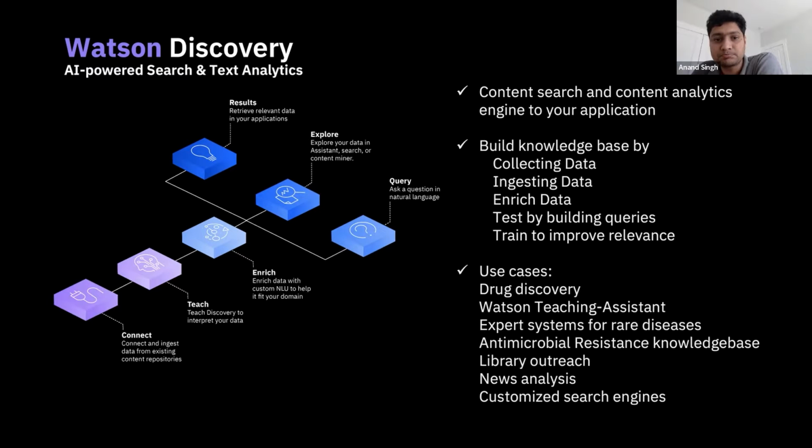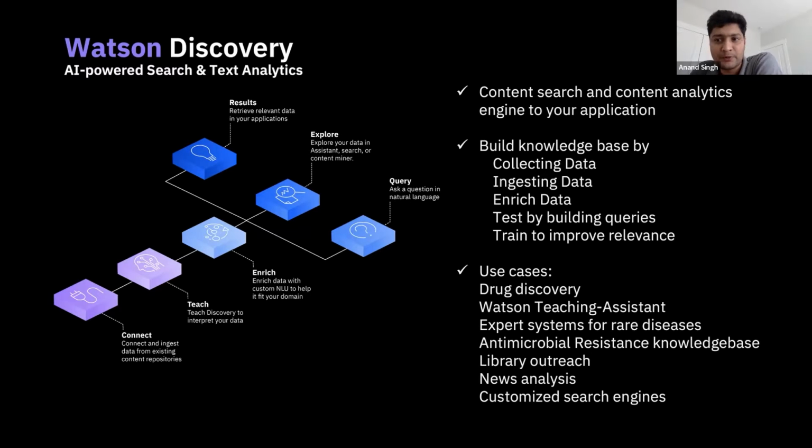People have used it for market analysis from market news, or very recently you put in all the COVID research papers and it helps you find the relations, how people are exploring in academia about different proteins. So the use cases can be anything which involves a huge amount of text data.